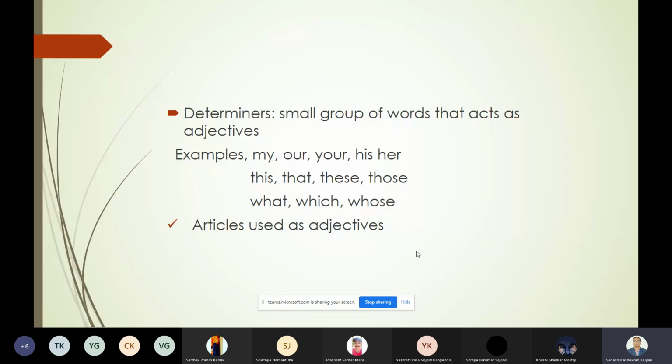And whenever we are trying to find the various kinds of articles, these articles are also trying to give us one kind of information, and that information can be related with the noun and the pronoun. So that's why we can also call the articles an adjective, because these articles play a very significant role in our written form.